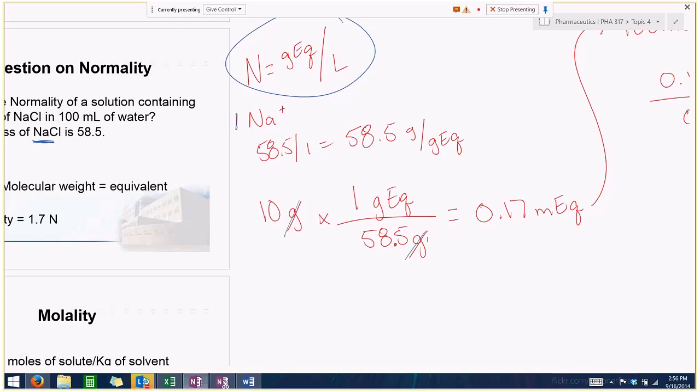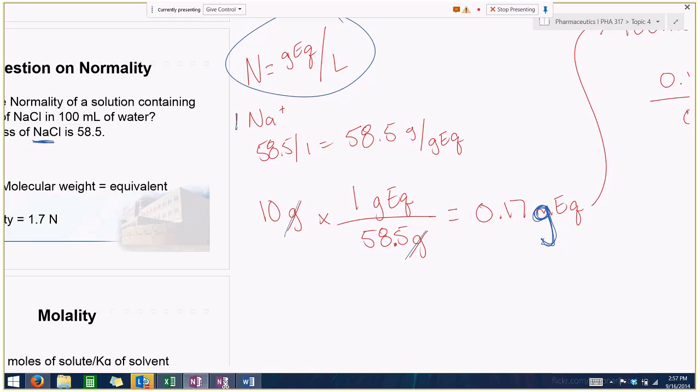So that would be 0.17 gram equivalents. Oh yeah, I wrote milliequivalents. Sorry, that is supposed to be a gram. I'm so used to writing MEQ. Isn't 0.17 gram equivalents equivalent to 0.17 milliequivalents?